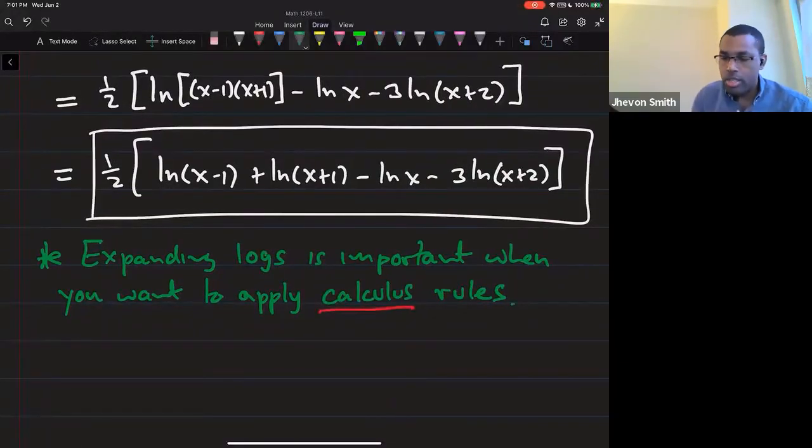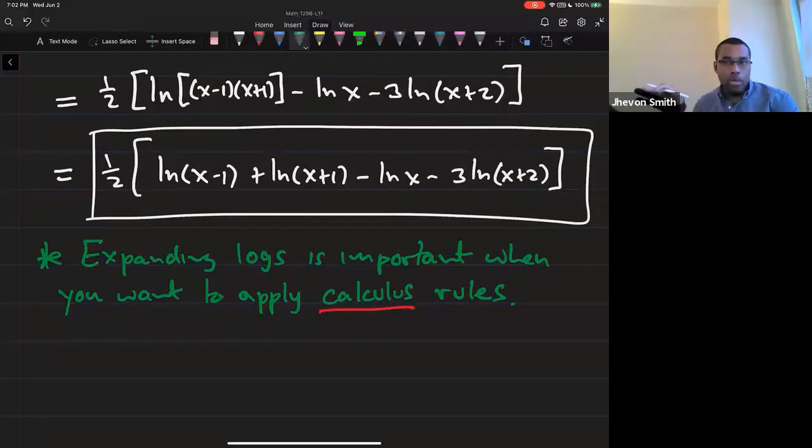If your goal is not to simplify or solve an equation, but you actually want to do some calculus, like I haven't told you the rules yet, but when I do, you want to apply them, expanding logs would be more beneficial than leaving them compact.